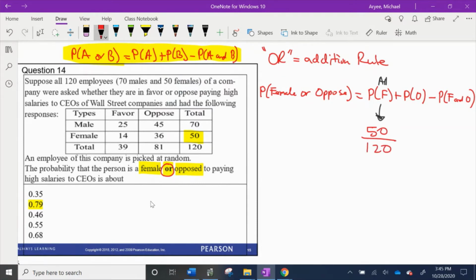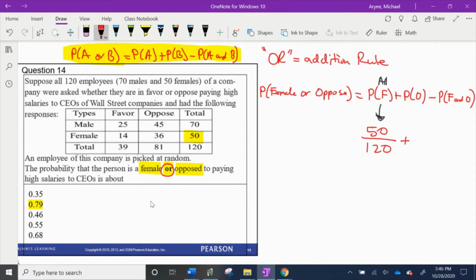Now note we are using 120 because this is not a given where it's written. The only time your denominator will change is when you have a given situation. If it is not a given situation, it is "or", then it will always be divided by the overall total, in this case, which is 120.